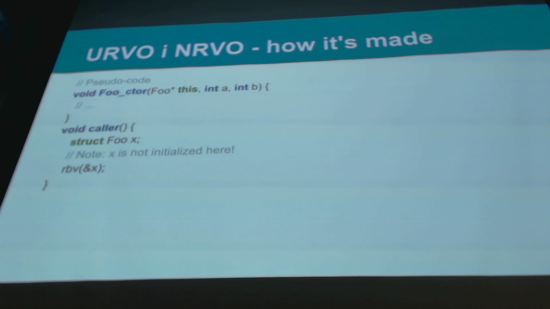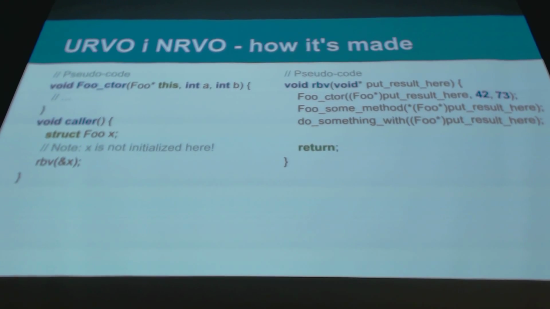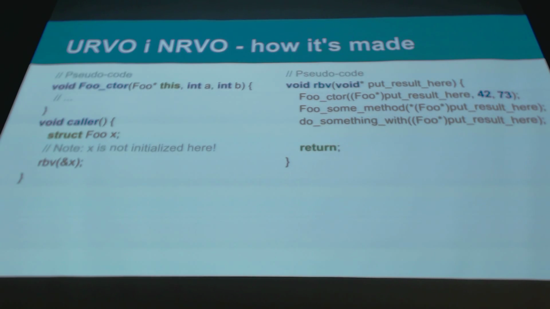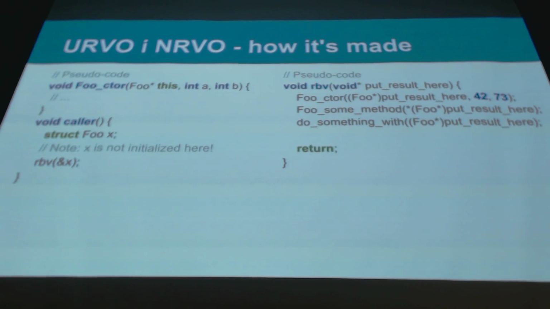Then we pass this pointer to the function, and the function, instead of taking 0 arguments, will now take 1 more argument, like a "puts result here" argument. And instead of returning something, it will just return nothing. So at the beginning of the function, it constructs the object, calling the constructor that we wanted. Then we can call some method, call some function, it doesn't matter. And then we return a semicolon, right?